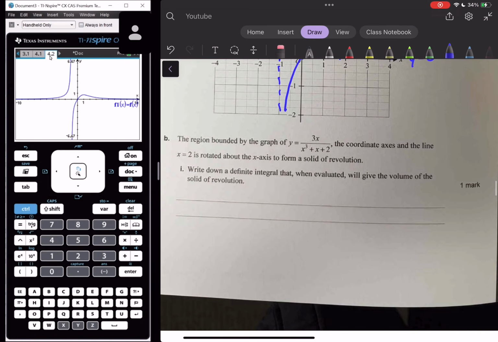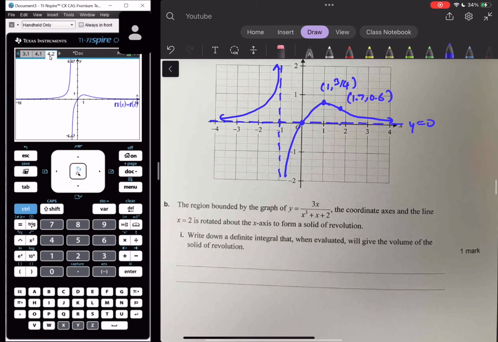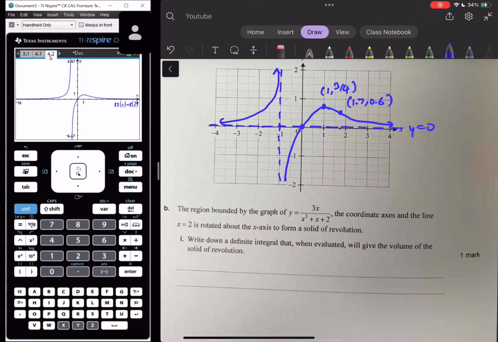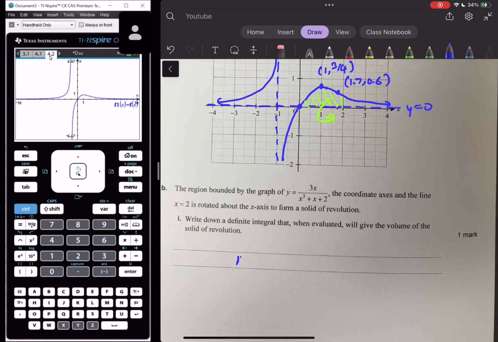Alright, the region bound by the graph of this function, the coordinate axes and the line x equals 2. So x equals 2 is over here, so we're after this region here. This is rotated about the x-axis. Write down a definite integral: that's just pi times the integral from 0 to 2 of (3x over x cubed plus x plus 2) all squared dx.